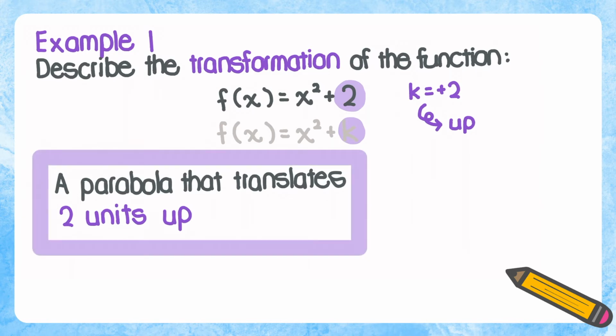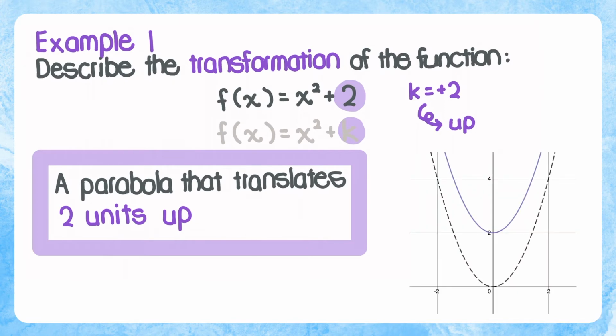So because our k value is positive 2, we will be moving the parabola 2 units up. If you graph this function on Desmos, you will notice that this function is translated 2 units up compared to the parent function.